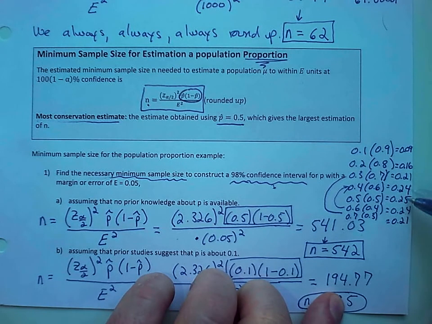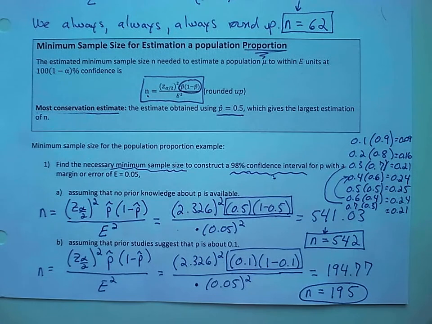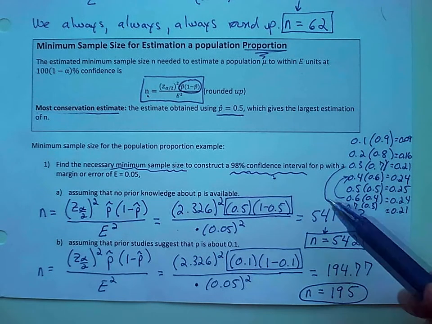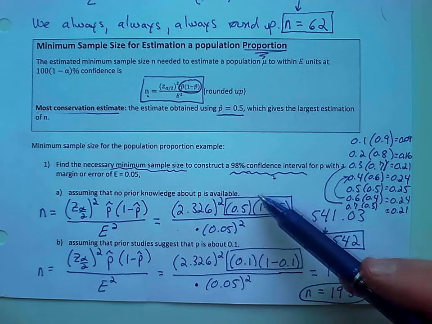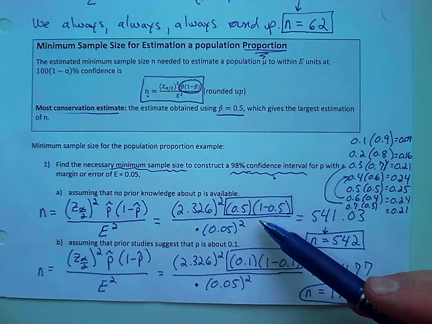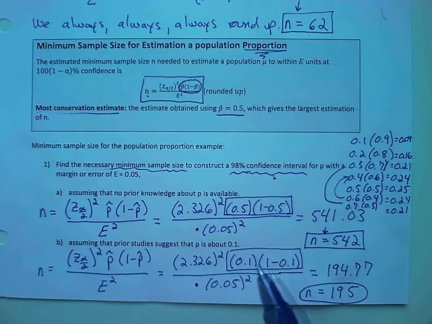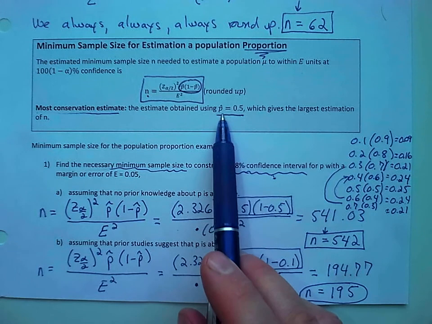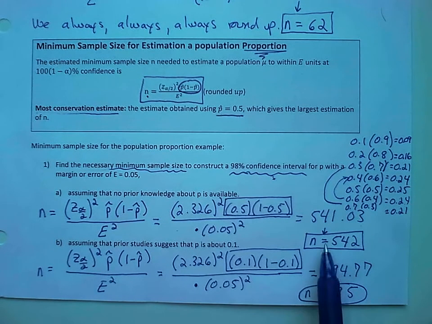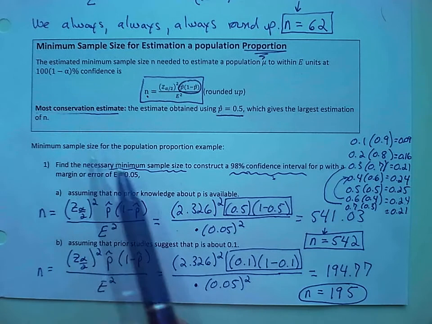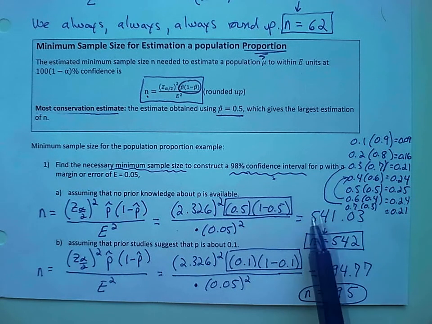So you can see right here that the highest value that we're going to ever get is 0.5 times 0.5. So therefore, the highest our numerator is ever going to get is if we use 0.5 for p hat. So therefore, I'm hoping that it makes a little bit of sense now that p hat being equal to 0.5 is going to give us our most conservative estimate, which is just the highest n value that we could possibly get.